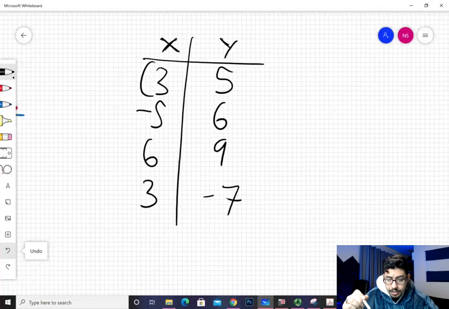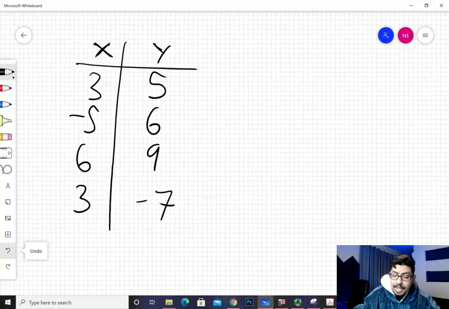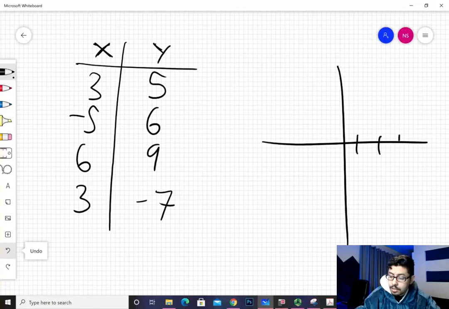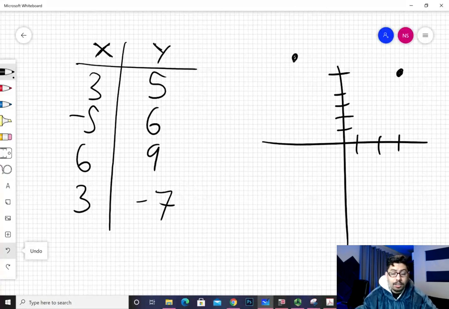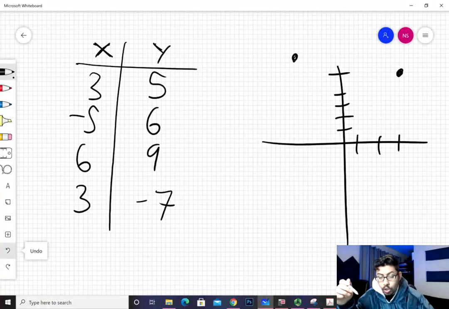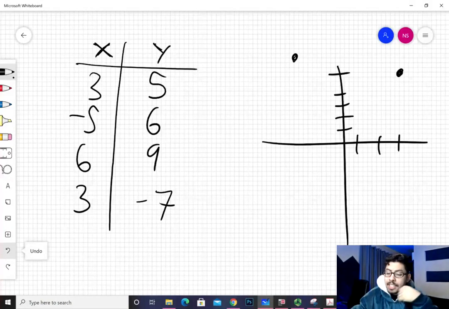If you know the x-axis is 1, 2, 3, 4, 5, this first point, well, you'll go here. On the y, it's 5. It's up there. And then you go off and pinpoint all the other points for all the other coordinates that they gave us in this table. But tables are no different than graphs. But here's the thing.